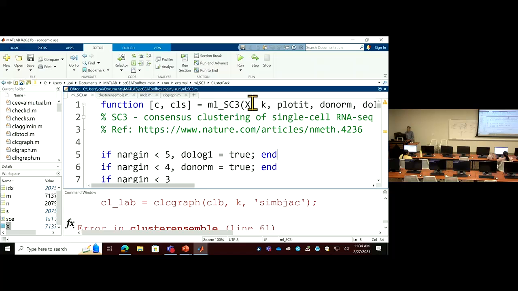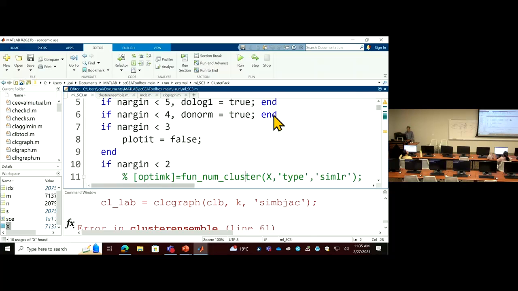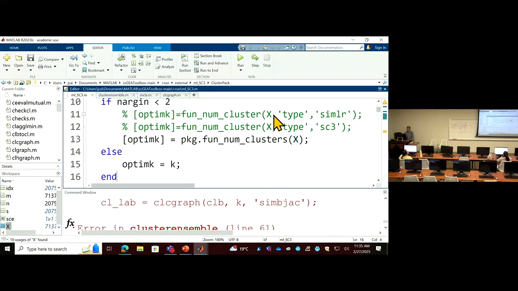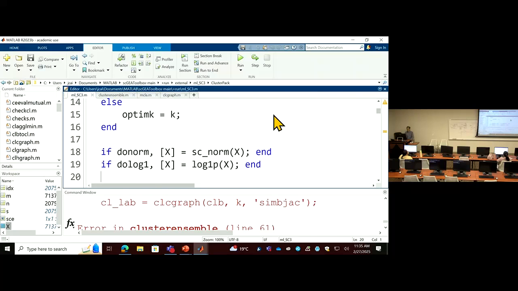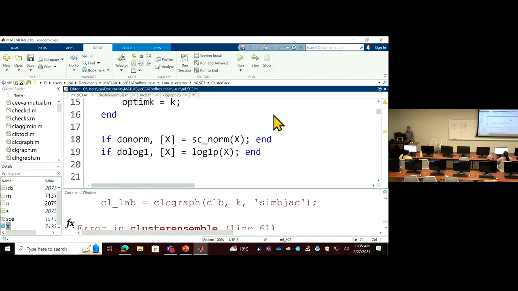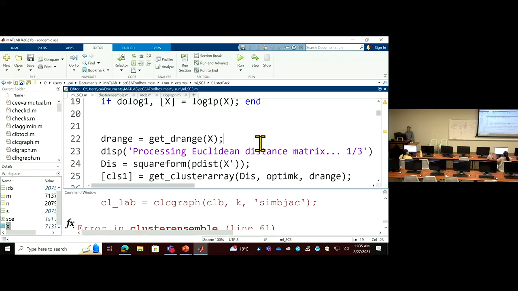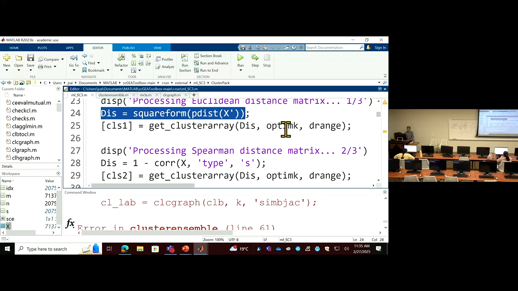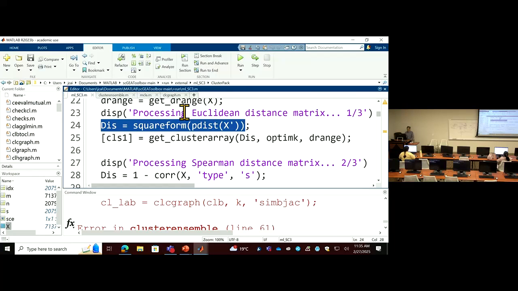So I take this X matrix in. The first step is to do the normalization and the log transform. Then use a function to get the distance matrix. So if you look at this, step 1 is to compute a Euclidean distance matrix.